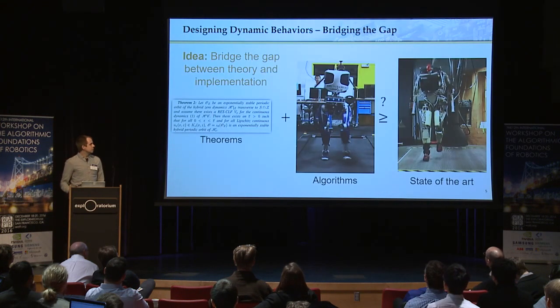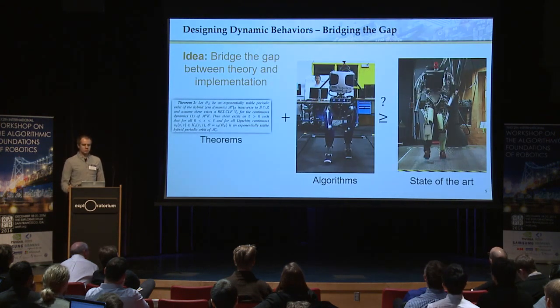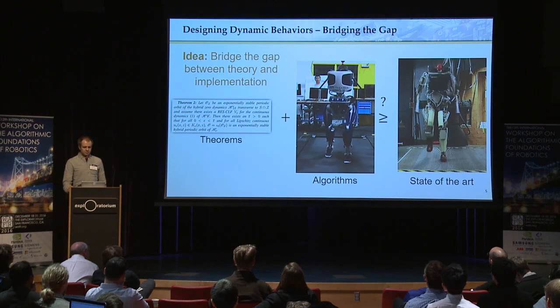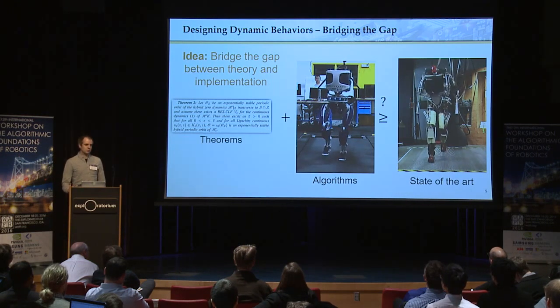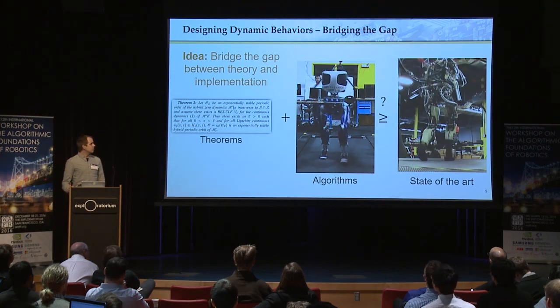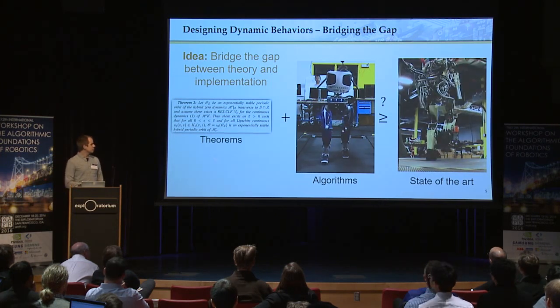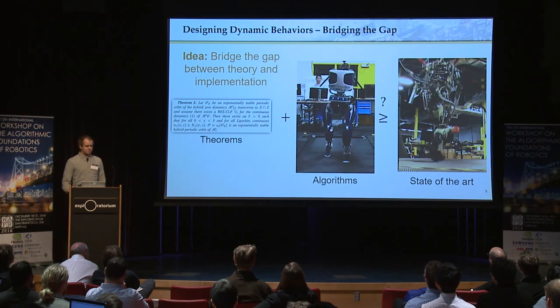But what we'd really like to start considering is how we can design more dynamic behaviors, and design these so that they're driven towards the efficiency of a human while preserving some of our theoretical background.